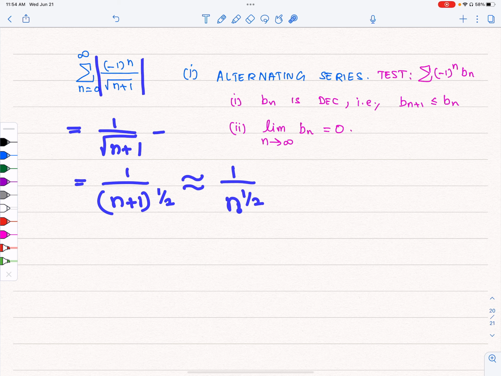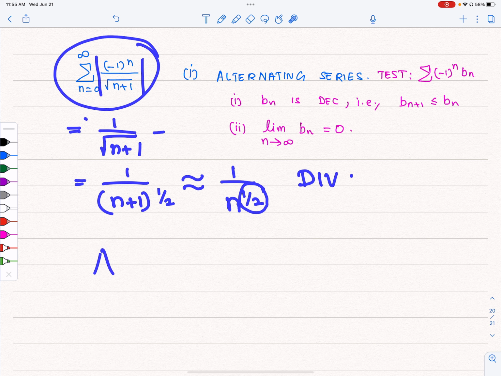So by the limit comparison theorem and the p-series test, since p is less than 1, this is divergent. So therefore it's not going to be absolutely convergent.